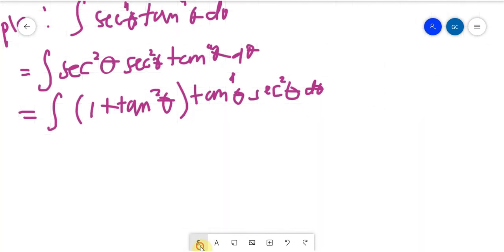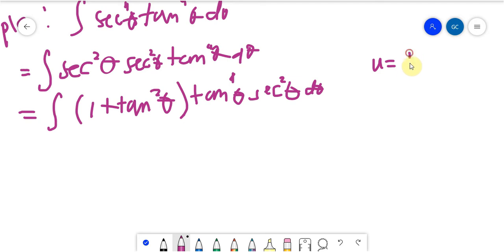Substitution rule. Let u be equal to tangent theta to express the remaining factors in terms of tangent.